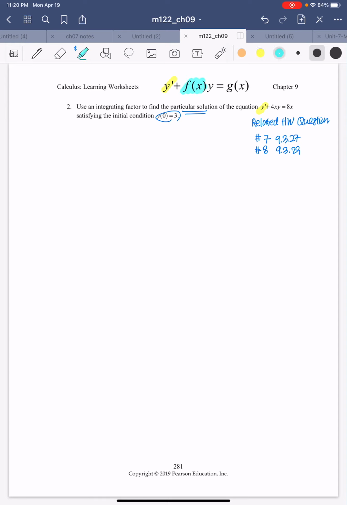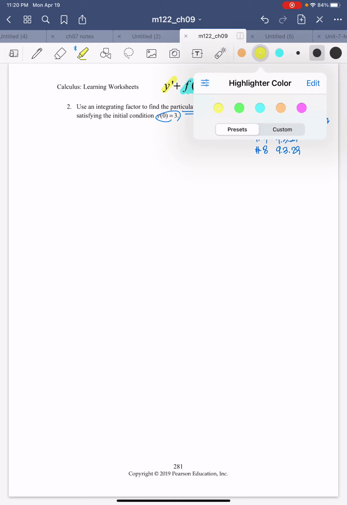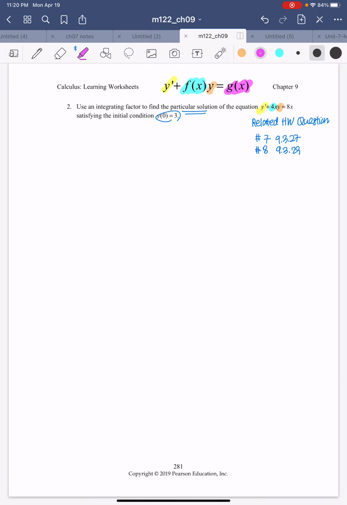So my f of x will be 4x, and then you have y, and then the right hand side will be my g of x. So your equation is already in standard form.